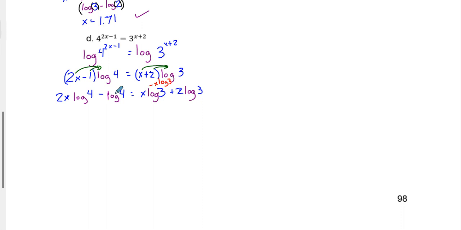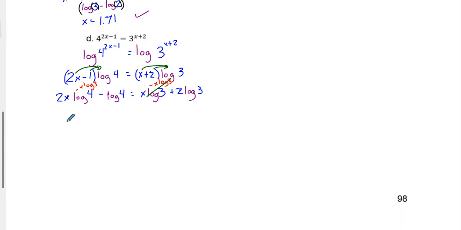So I'd have to subtract my x log 3. We do that on the right side. That's gone.